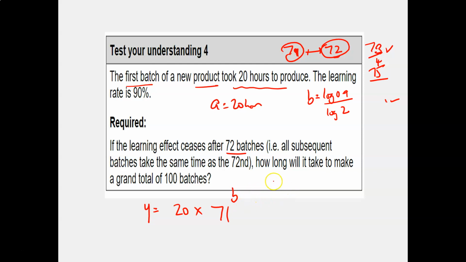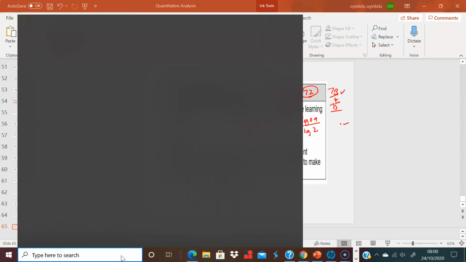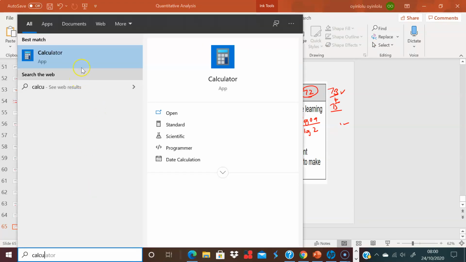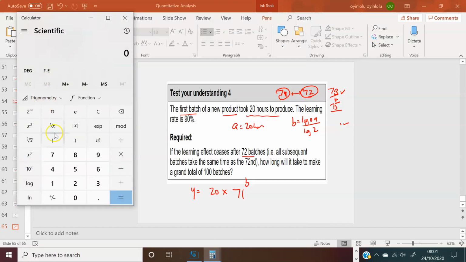So the question is, what is that? Let me get my calculator out again. Looking at this, the log of 0.9. I'm going to do it the full way, keeping it all in one.